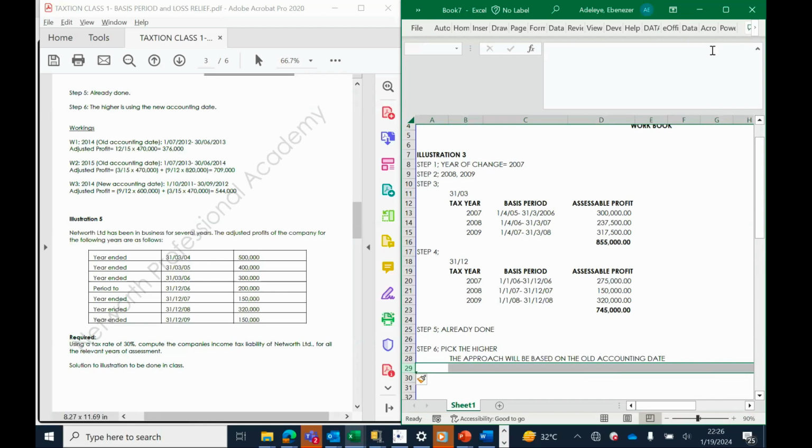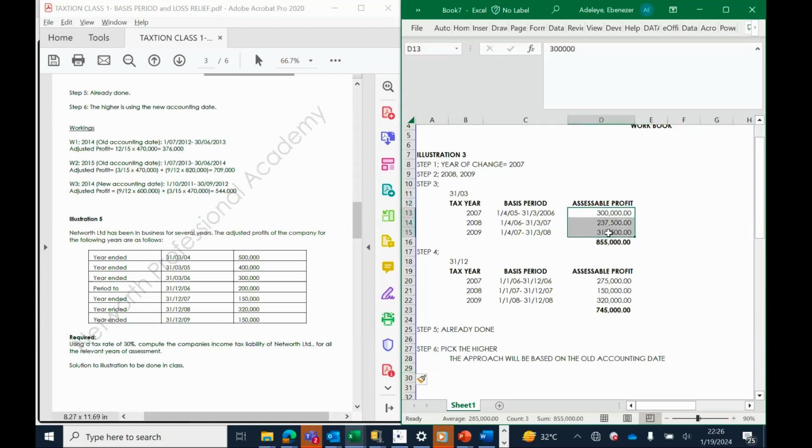What did the question say? The question said using a tax rate of 30%. So if you stop here, you might not get your full mark because you have not completed the question. You needed this to answer the question, but that's not the question. They said using a tax rate of 30%, compute the company's income tax liability. So what you're computing is the company's income tax liability for all the relevant years. Since we have decided that this is going to be our approach, we now have to compute our tax liability.